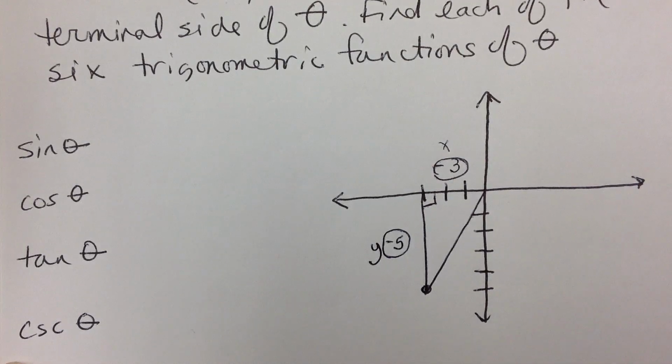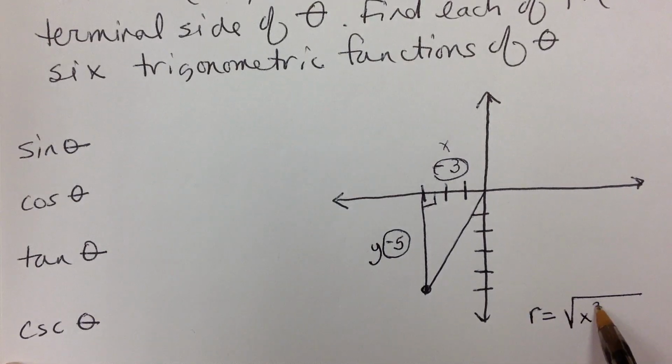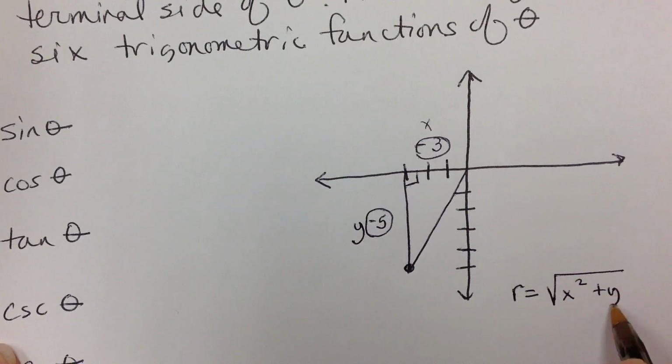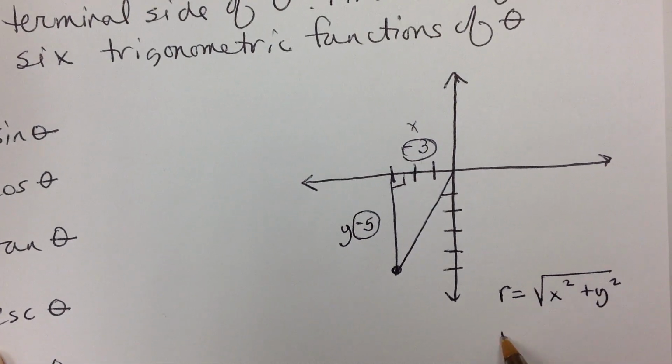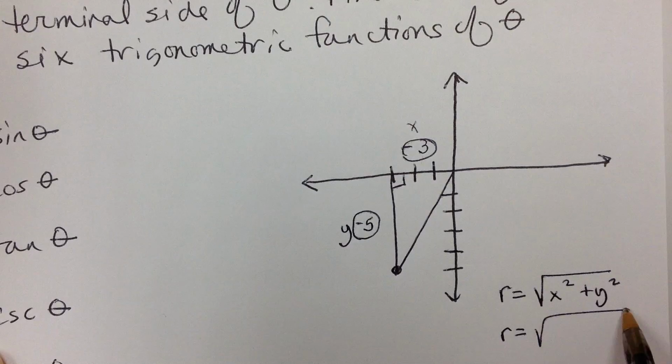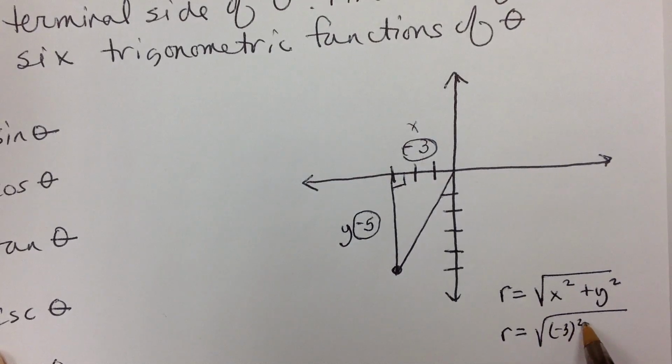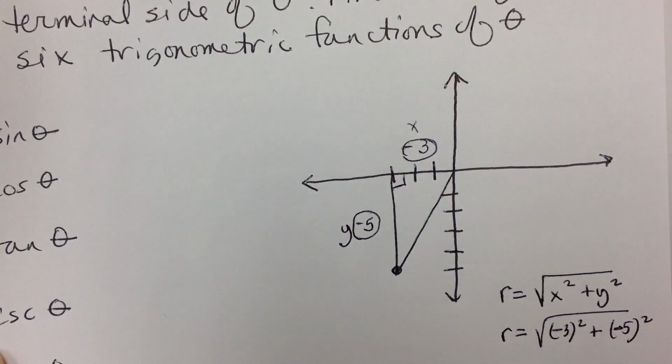You can run it through the complete Pythagorean theorem, or you can just recall that r is the square root of x squared plus y squared. We just talked about that. So r is equal to the square root of (-3) squared plus (-5) squared. I always put my numbers inside parentheses when I'm going to raise to a power.